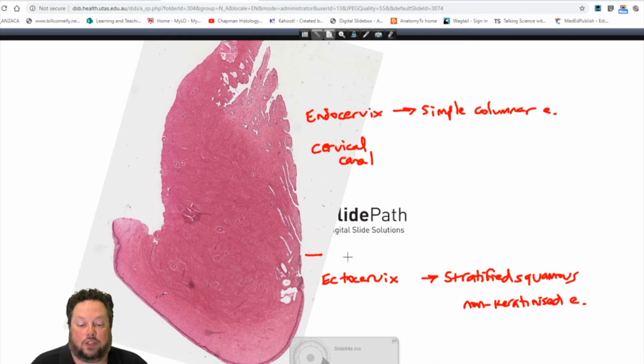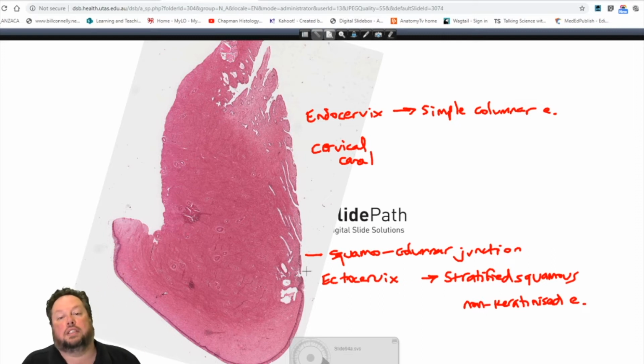So we have this region where we have what's known as a squamo-columnar junction. We get this transition from a simple columnar epithelial lining to a stratified squamous epithelial lining, which we'll have a look at in a little while.